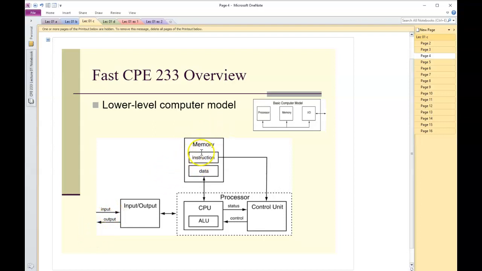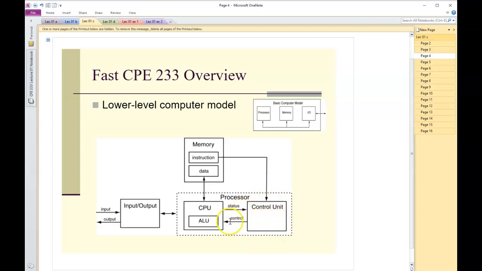The memory has two types of things that it's going to store. One is the instructions, and the other is some generic data. The CPU, the processor, is going to grind that data around, passing it back and forth with memory. But there's also a control unit in there.